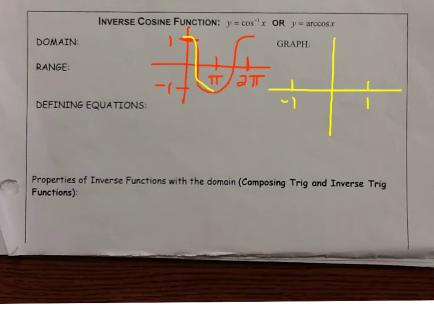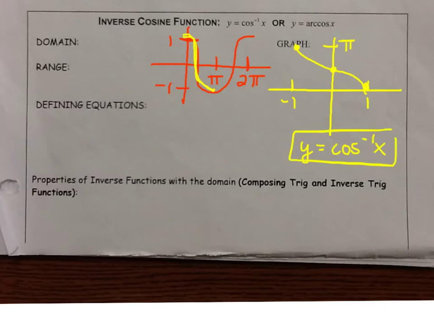Okay, and if I'm looking at this little yellow swoop over here, I'm looking from 0 to pi only. So when I'm graphing it, I'm only going to look from 0 to pi. Okay, so then if I plot my points by reversing my x and y coordinates, this yellow graph here is inverse cosine x.